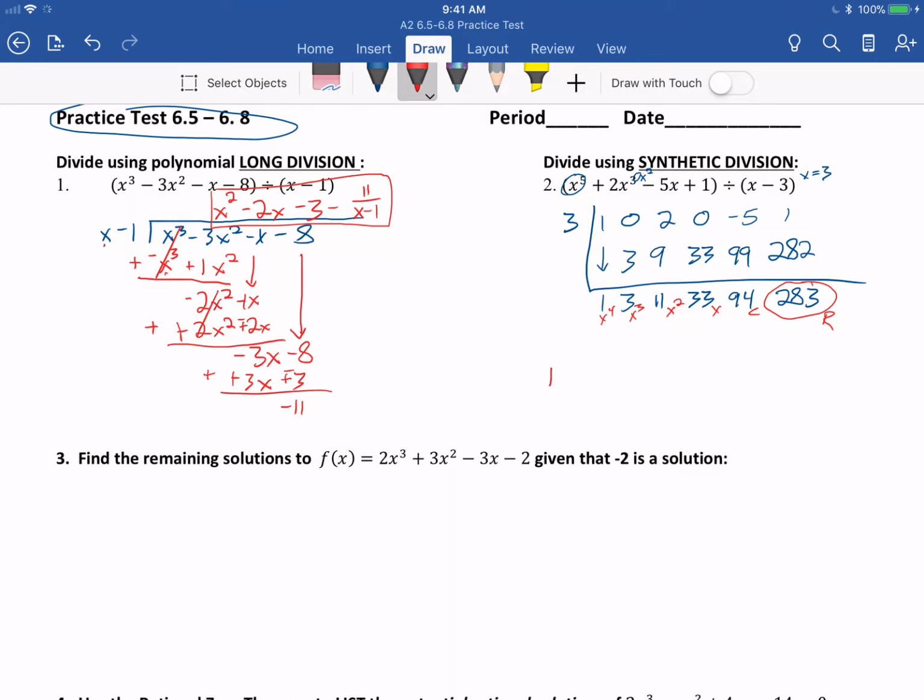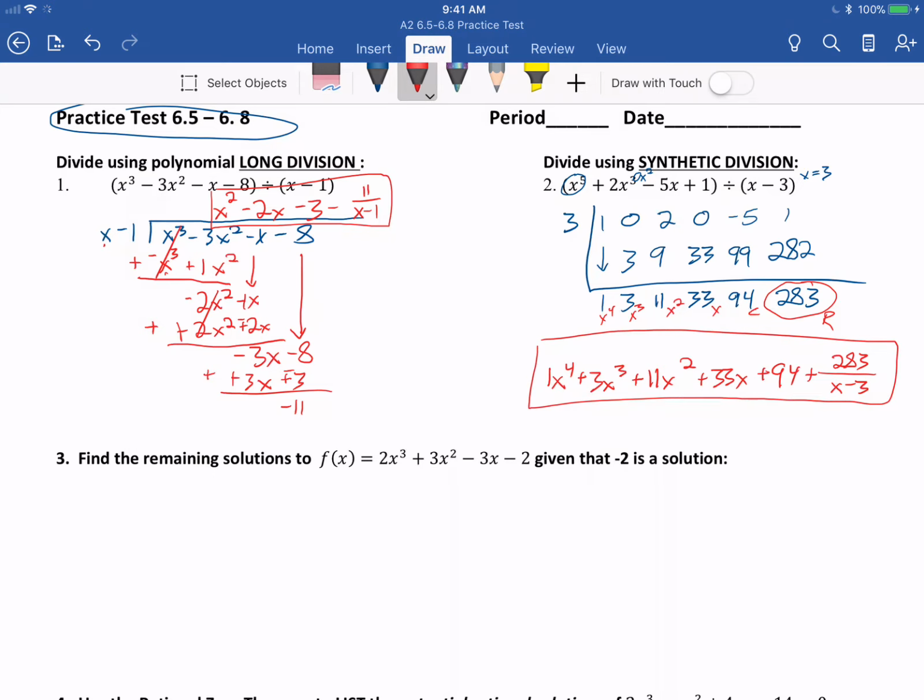So my answer is 1x to the 4th plus 3x cubed plus 11x squared plus 33x plus 94, and then that remainder, remember, goes over what you divide by, so it's 283 divided by x minus 3, and then that is your answer. So that's got a lot of stuff going on there, some longer problems. That's all right.